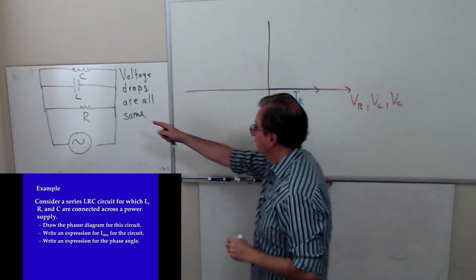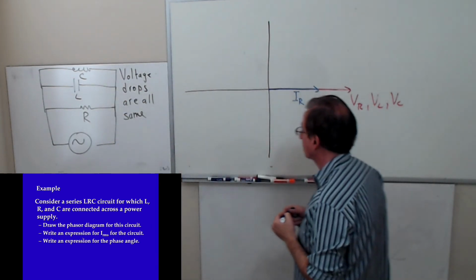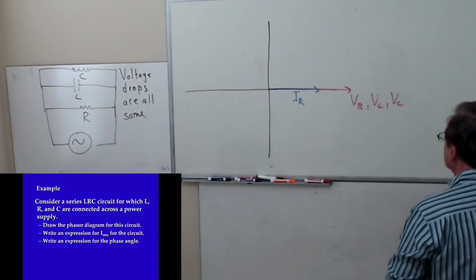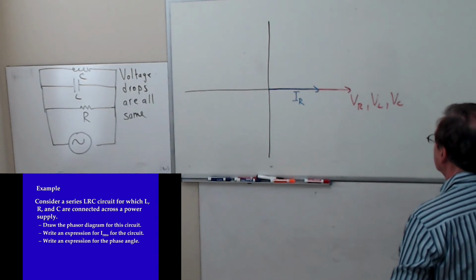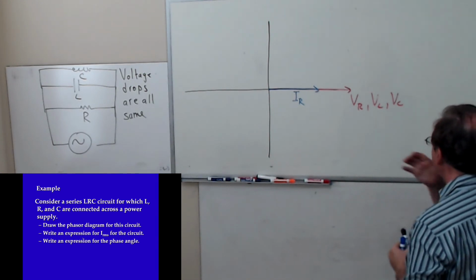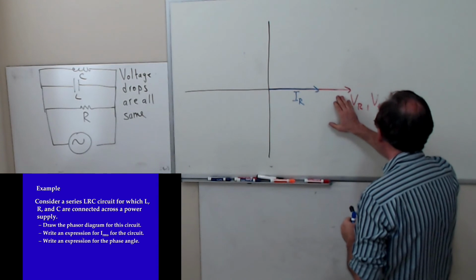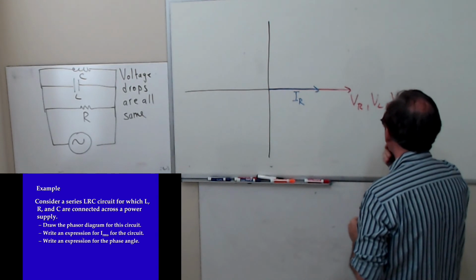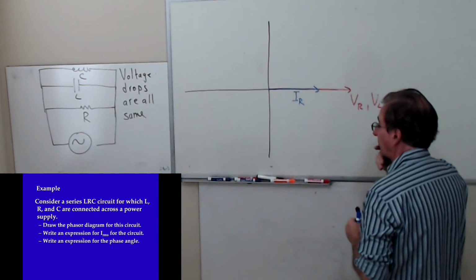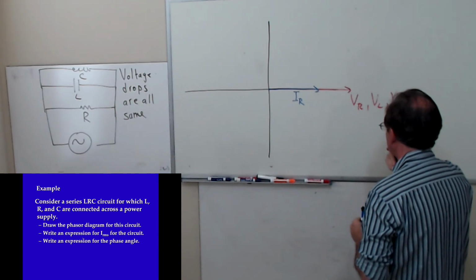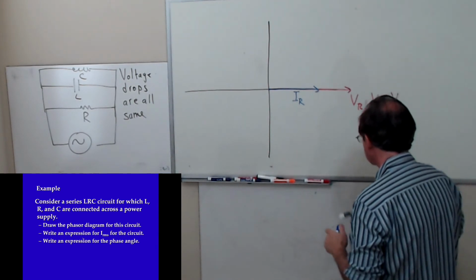Each one of these is going to have a different current going through it. So if this is the voltage across each one, then what does the current through the capacitor look like? Or how should I draw the current through the capacitor?